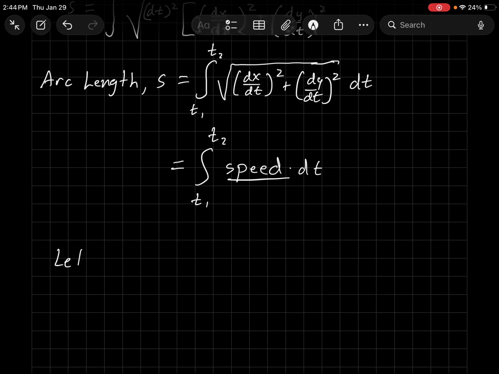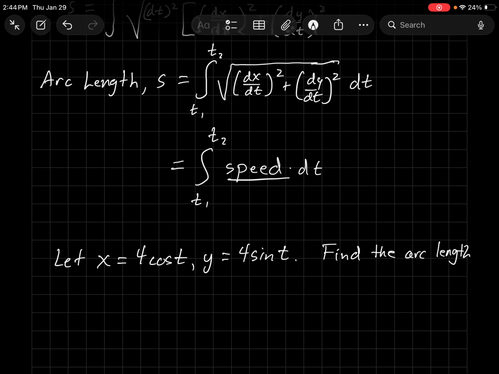So let's find the parameterization. Let's say let x equal 4 cosine t and y equal 4 sine t. And we want to find the arc length, or total distance traveled by a particle, if you would, on the interval 0 to 2 pi.